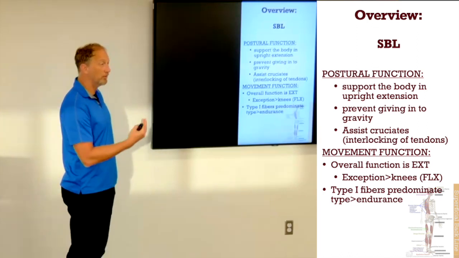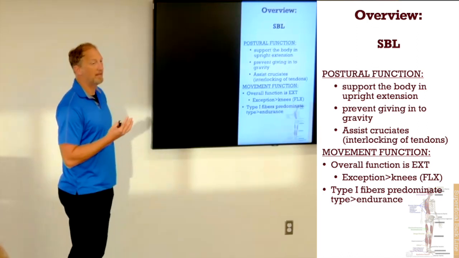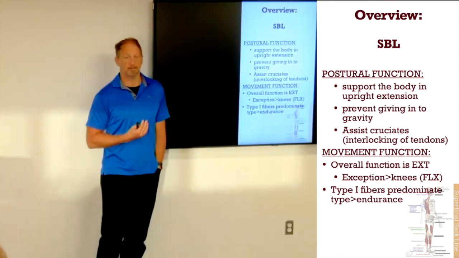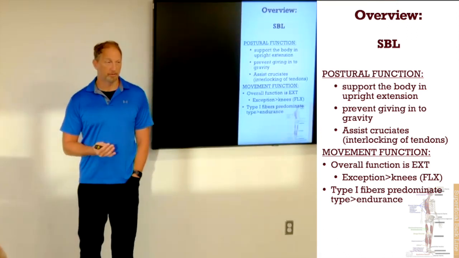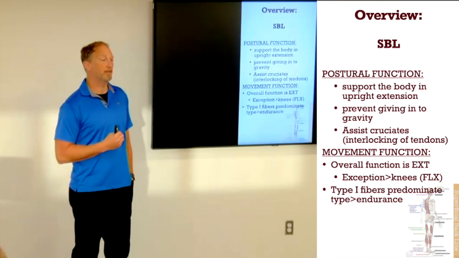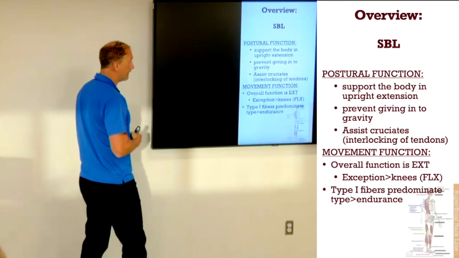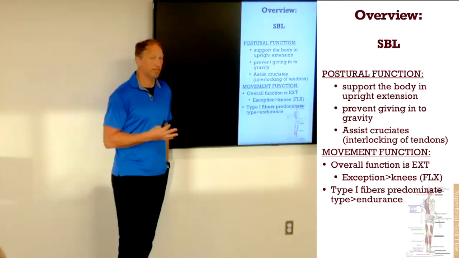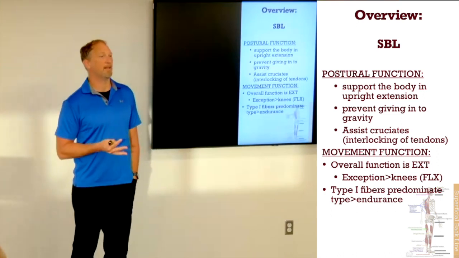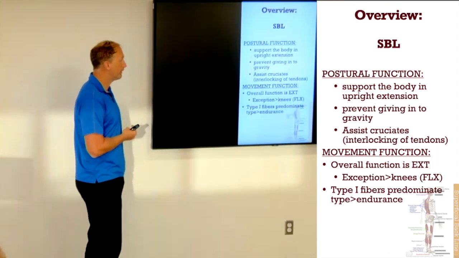Now, as you move away from extension, that locking mechanism backs down just a little bit. But that's also not the only locking mechanism when we're in full knee extension. That screw home mechanism is there as well.